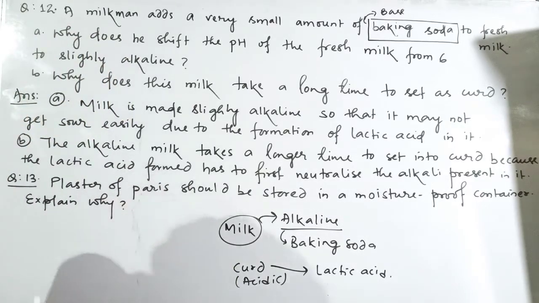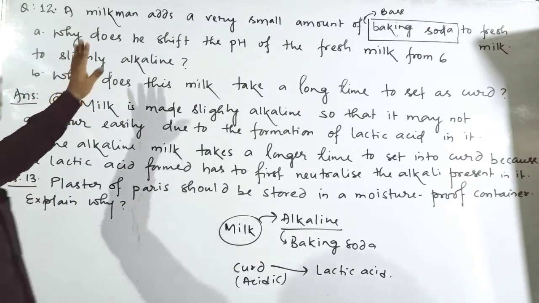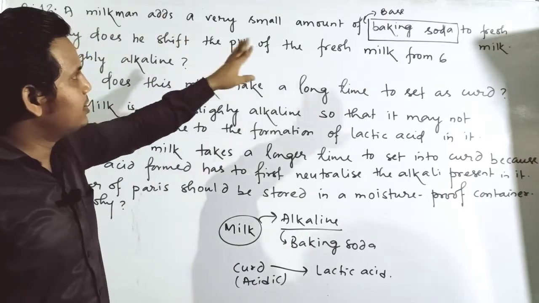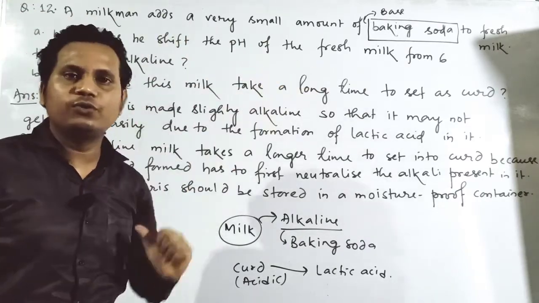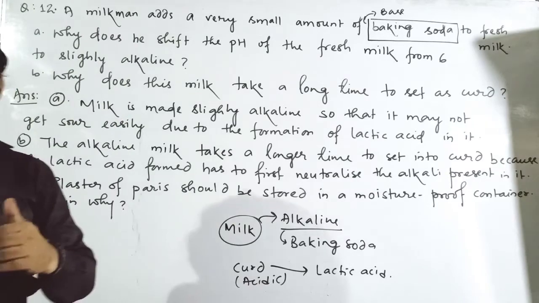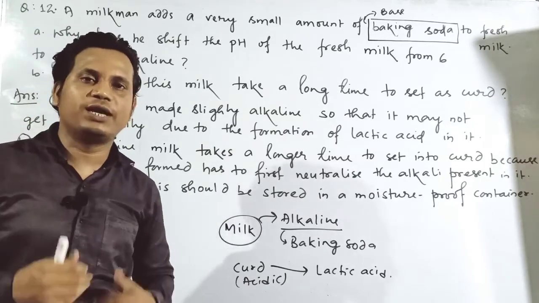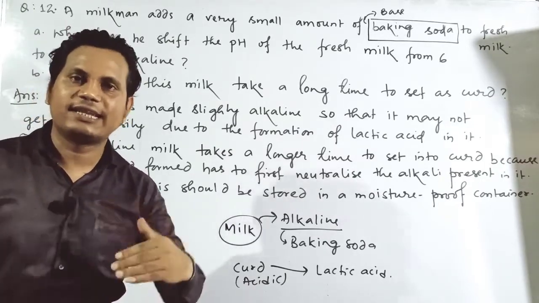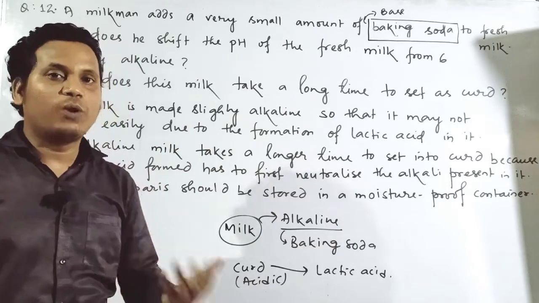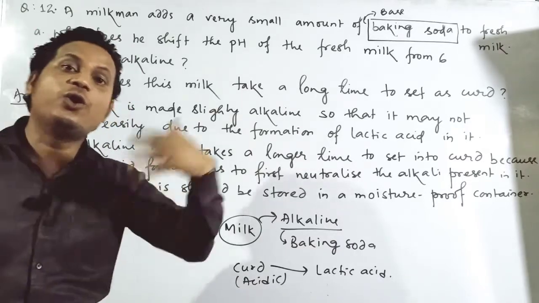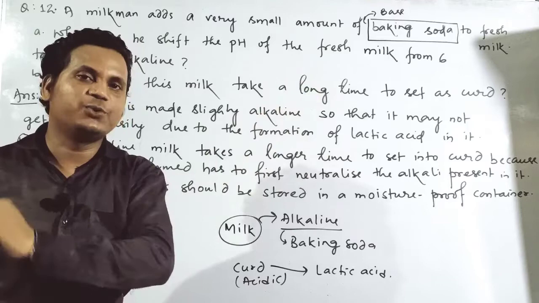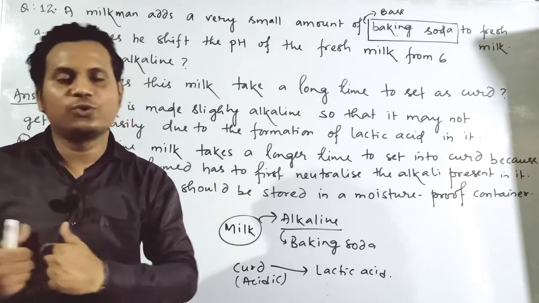Okay. So the first question was, a milkman adds a small amount of baking soda to fresh milk. Why? To increase the pH value above 6, slightly alkaline. Why? Because it will take a long time to set into curd or become sour in taste.